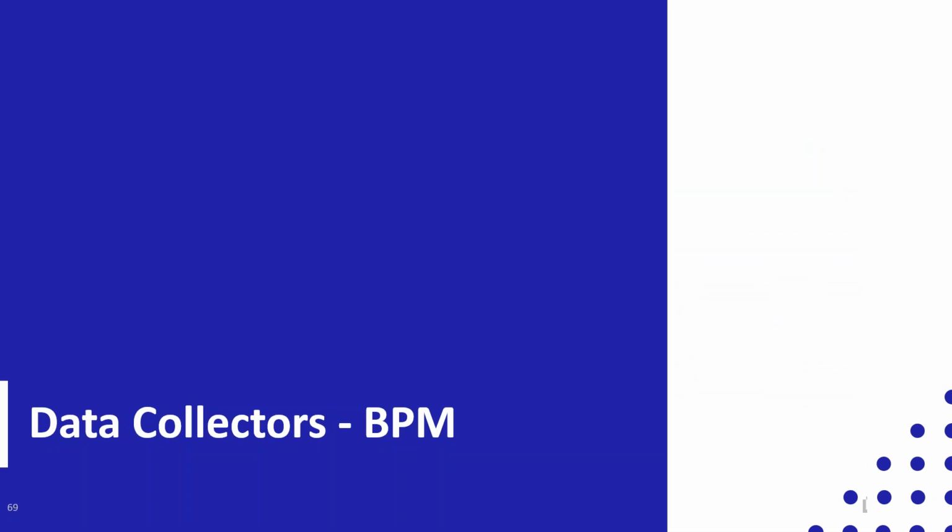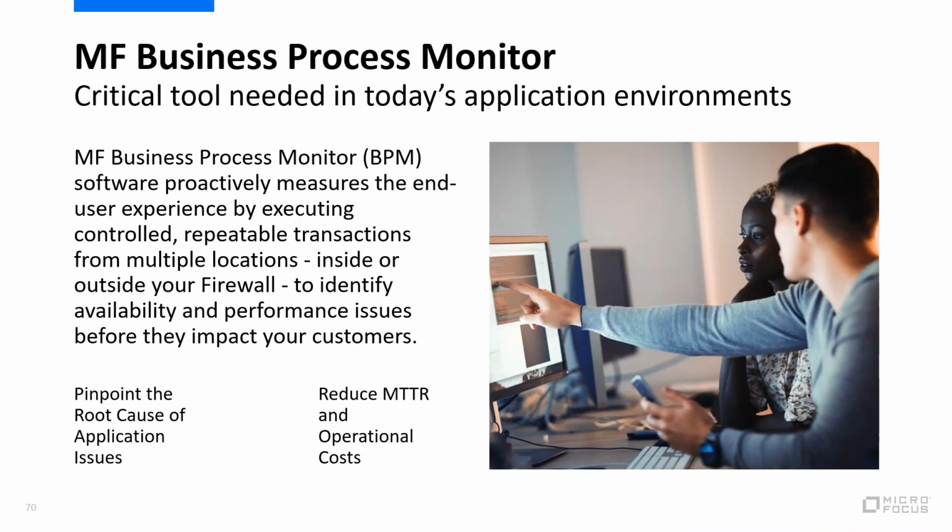Okay, let me explain about one of the data collectors called BPM. We can say business process monitoring or monitor. This is used for synthetic monitoring. As I said, we have to find out the paths and record those paths with a tool called VuGen, make it a script, and then upload that script into APM.